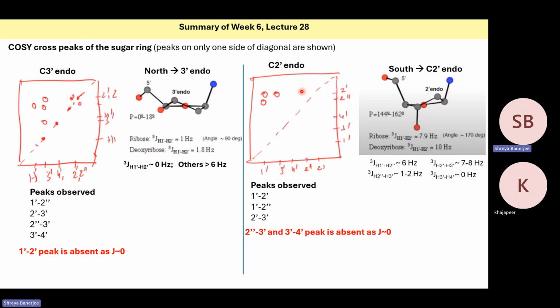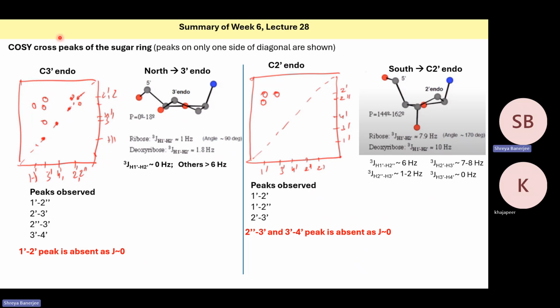In the cozy peaks, let us first look at C3 prime endo. In C3 prime endo, we just saw that 1 prime 2 prime coupling constant is 0 and all other coupling constants are greater than 6 hertz. So if you have the peaks H1 prime, 2 prime, 2 double prime, 3 prime, 4 prime written here, similarly in the x-axis, you will find 4 peaks.